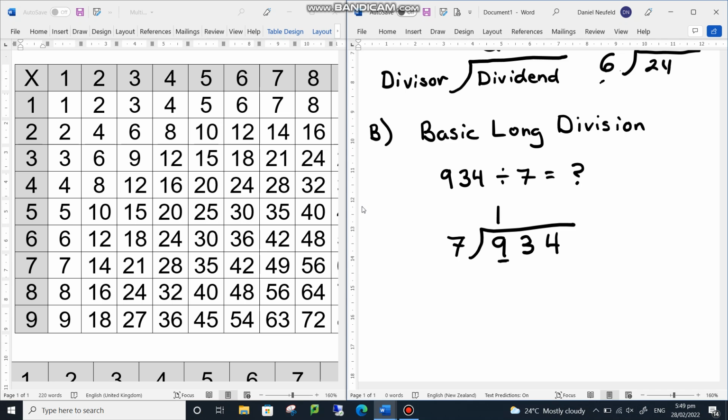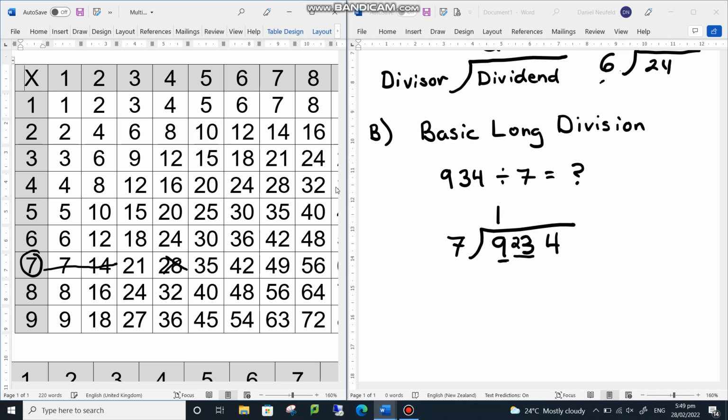Now, the remainder tacks on to the next number, goes in front, so that becomes now 23. Okay, so now I check. Okay, I've done that one. So 7 into 23. Now, again, if your multiplication isn't the greatest, we're dividing by 7. So we go across until we get a number that's the closest to 23, but not going over.